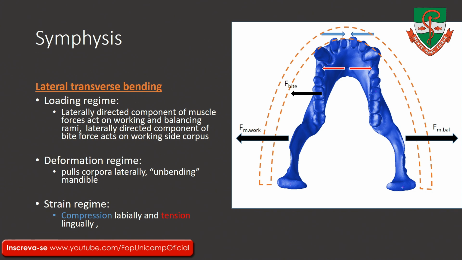The laterally directed working side superficial masseter is acting on the working side ramus, and the laterally directed balancing side superficial masseter is also working on the mandible. And we expect compression on the labial aspect of the corpus symphysis, and tension lingually.